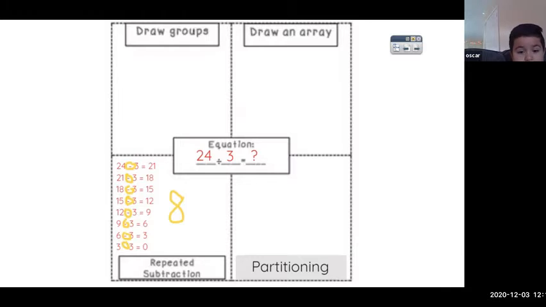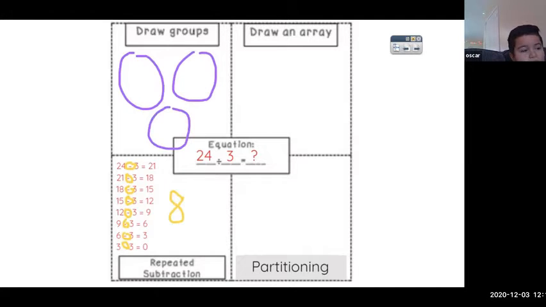Then we moved on to learning about equal groups. With 24 divided by 3, we can look at this as creating 3 groups. Then we would place one item in each group until we got to a total of 24 items. 1, 2, 3, and so on up to 24.